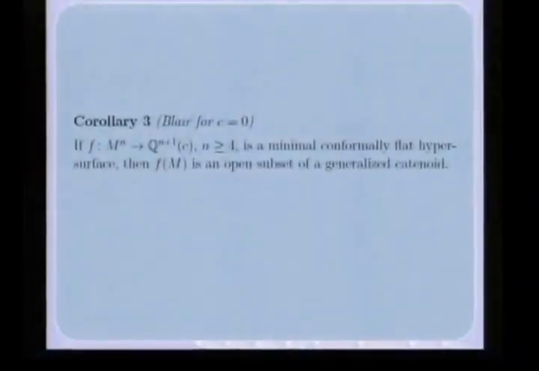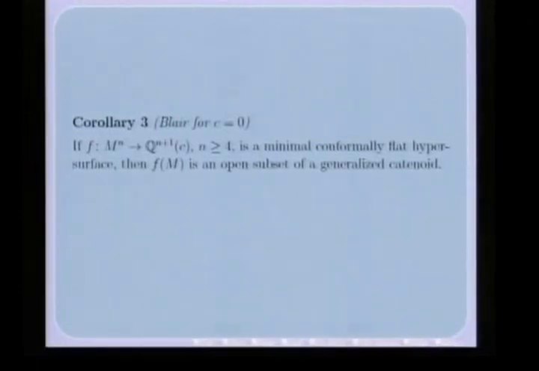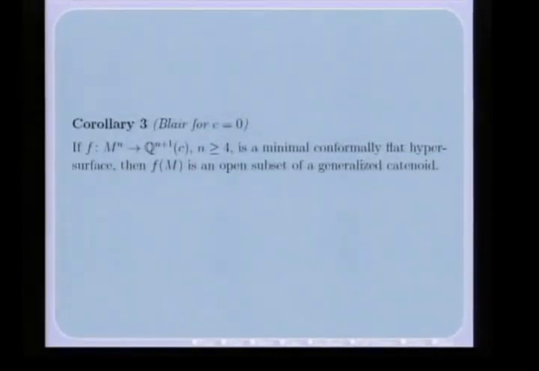For instance, if the hypersurface has constant mean curvature, you can explicitly describe the profile curve in terms of solutions of a certain ODE. In particular, if you consider the minimal case, then you have this result, which extends a previous one due to Blair in the Euclidean case, which says that a minimal conformally flat hypersurface with dimension at least 4 must be an open subset of a generalized catenoid.